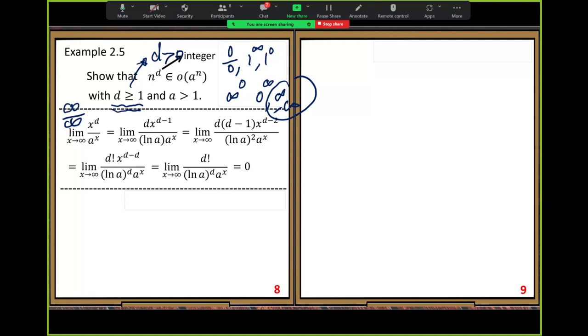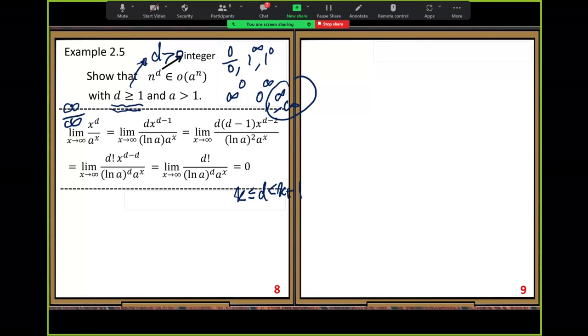Let me show you. Now, if D is non-integer, can we find an integer K such that D is greater than or equal to K and less than K plus 1? So D is between two adjacent integers. We can always find such a K. D falls between two adjacent integers.